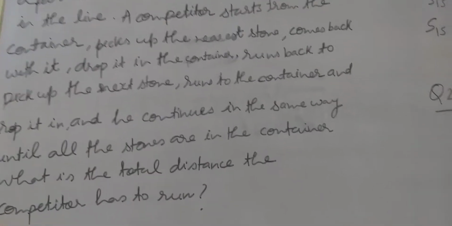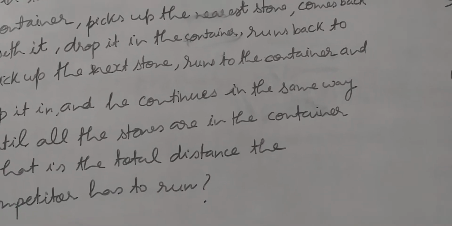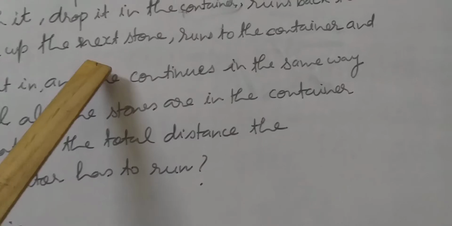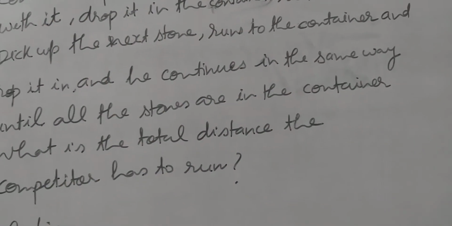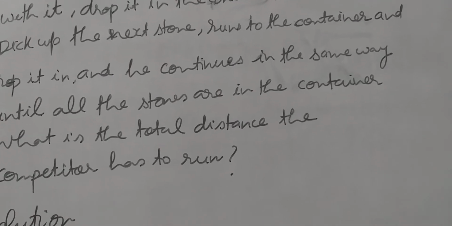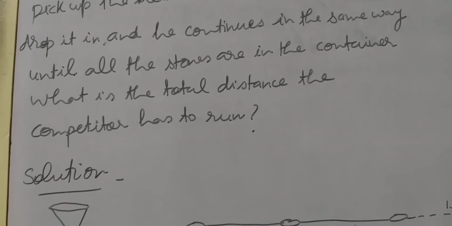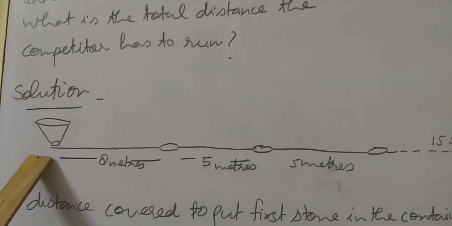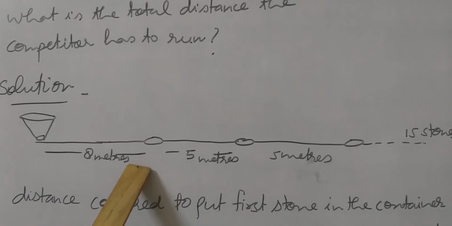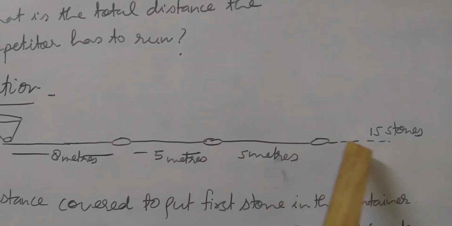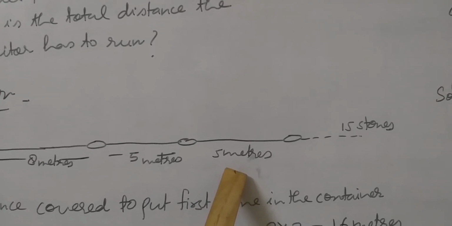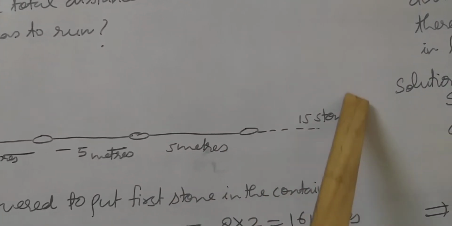We have to find a total distance, student. So we have to first find the distance covered to put the stones one by one in the container. Suppose this is a container. The first stone is placed at a distance of 8 meters and other stones are placed at a distance of 5 meters from each other, and there are a total of 15 stones.